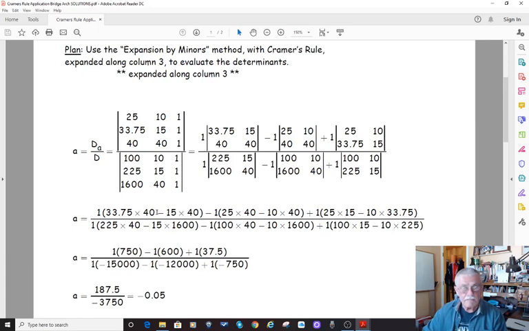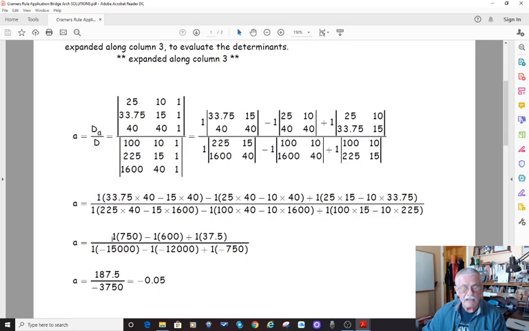You put this in your calculator, order of operations, of course, you get 750. This one you can do mentally: 1,000 minus 400 is 600. This one you work out on your calculator: 37.5.